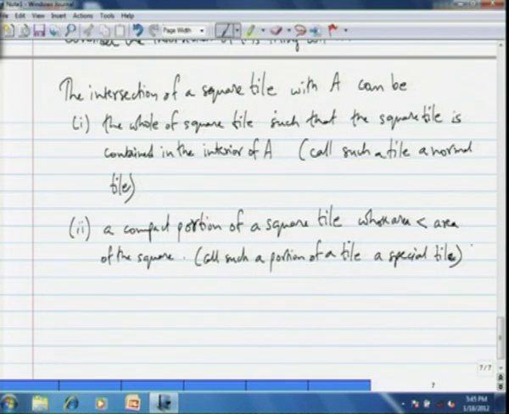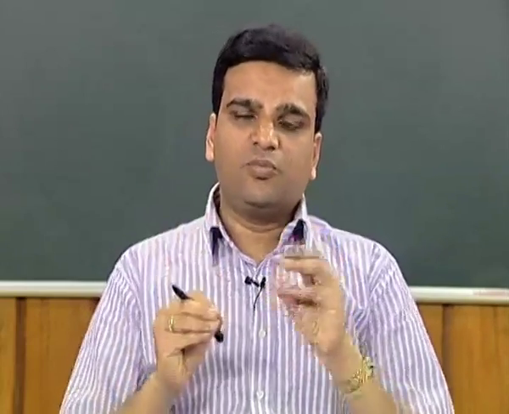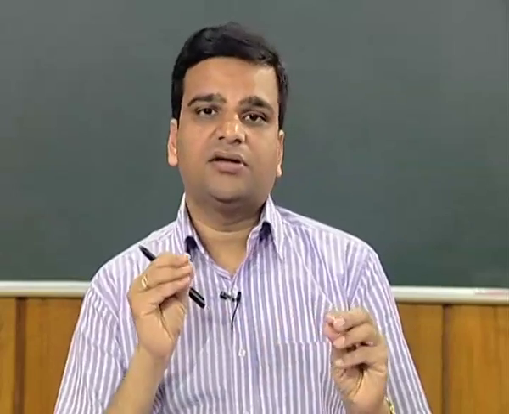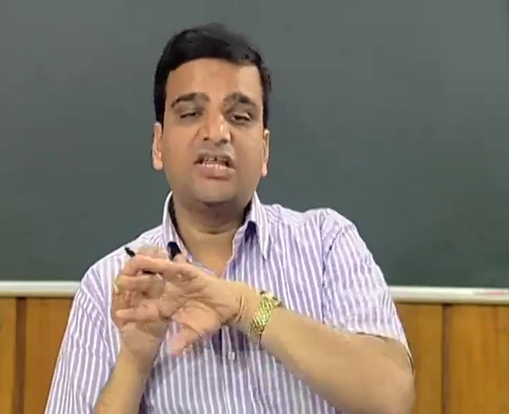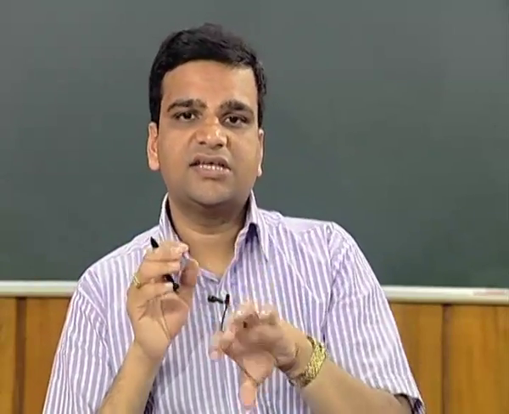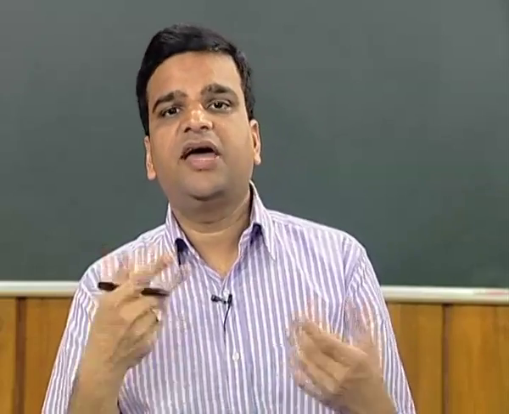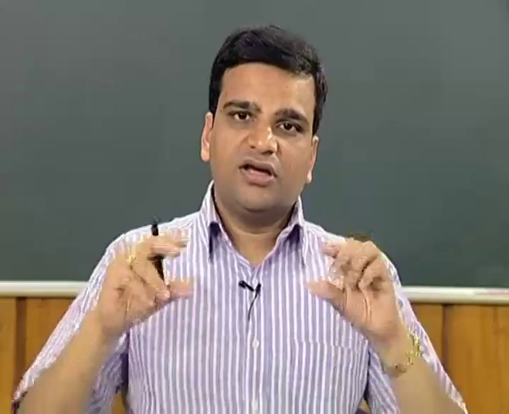Now, a special tile could really be disconnected, in the sense it might have few portions, not just one compact piece. We will allow for that, and we will still call all those portions for a given square tile a special tile. But notice that the number of pieces which A can split this square tile into has to be finite, because we are dealing with the intersection of two compact sets, one is A and the other is the square tile.